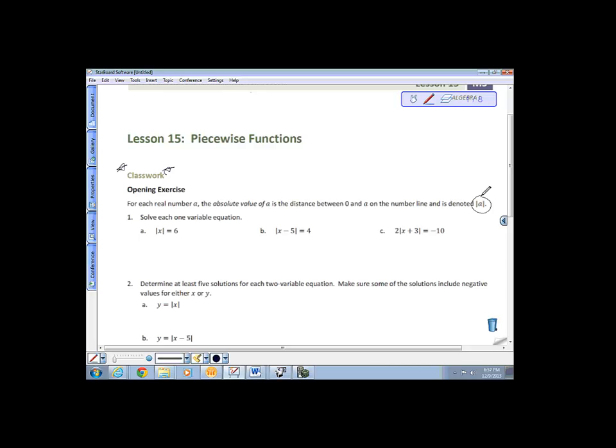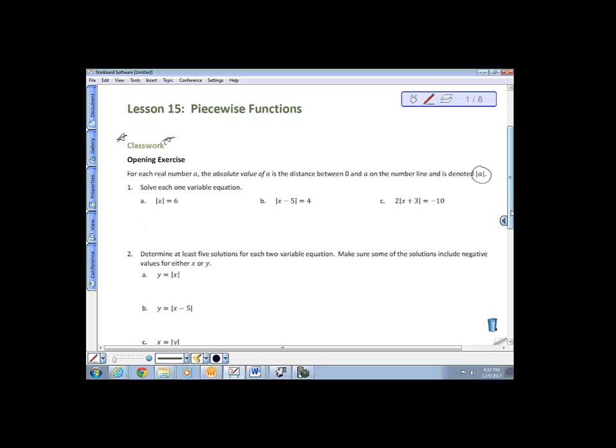So let's solve each one-variable equation. All right, so for letter A here, we have the absolute value of x equals 6. How do we solve an absolute value equation here? Well, if you think about the values of x that could fit, x could equal -6 and x could equal +6.